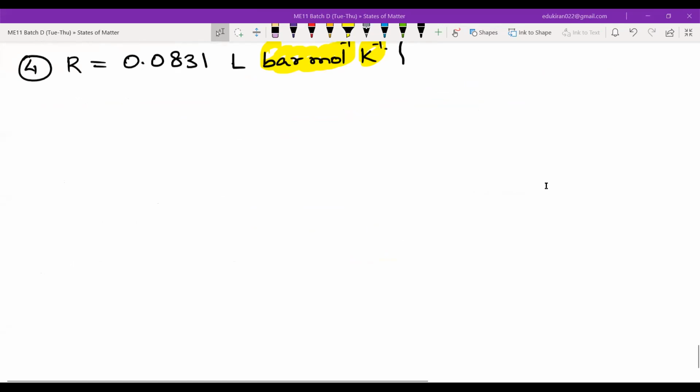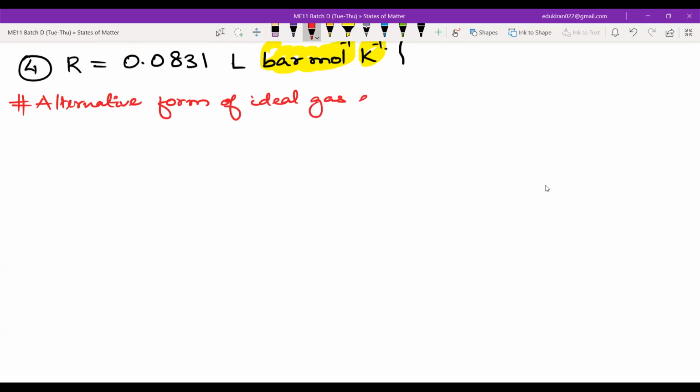Next, alternative form of ideal gas equation. I did not write one point.